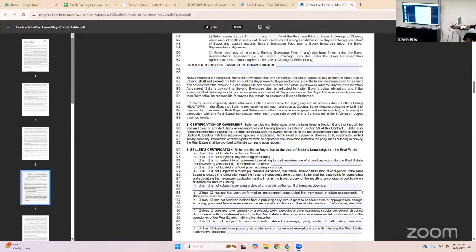For clarity, unless expressly otherwise stated, seller is responsible for paying any and all amounts due to seller's listing realtor. In the event that seller is not receiving any cash proceeds at closing, seller remains obligated to fulfill the payment by other means. Both buyer and seller confirm that they have not engaged any real estate agent or brokerage in connection with this real estate transaction other than those referenced in this contract or in the information pages attached hereto.